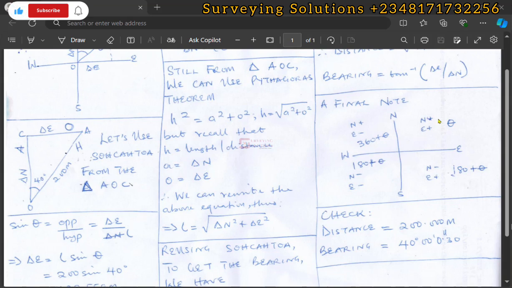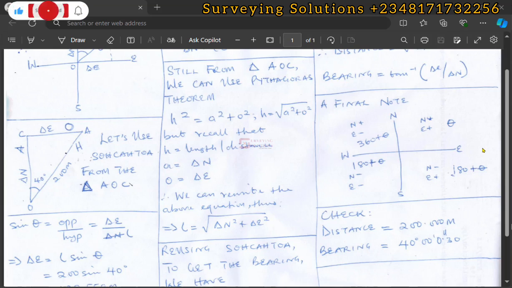If you are in the first quadrant, you can confirm that your delta northings and your delta eastings are both positive, because they are at the up and the right. The north is the top and it's positive, and the east is the right, and it's also positive, right?